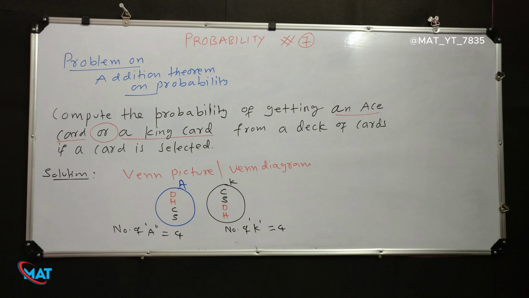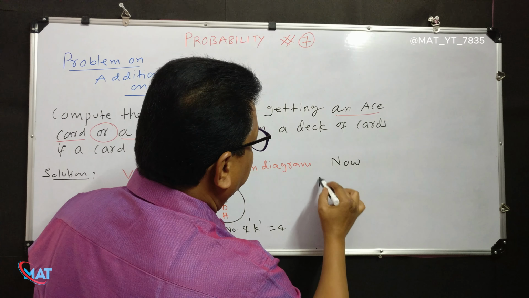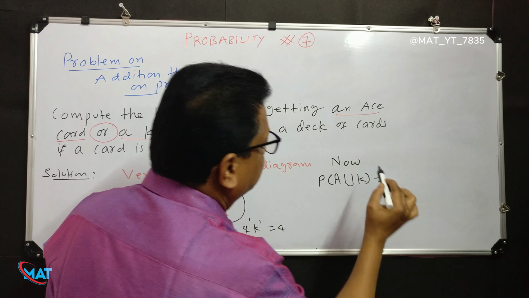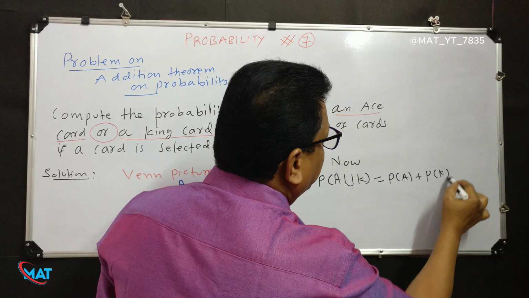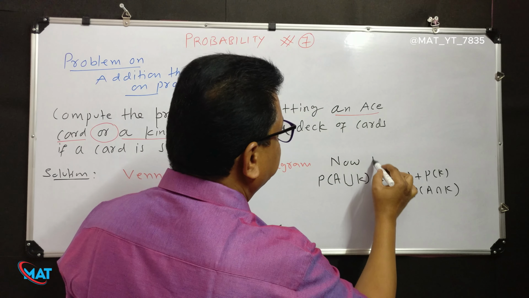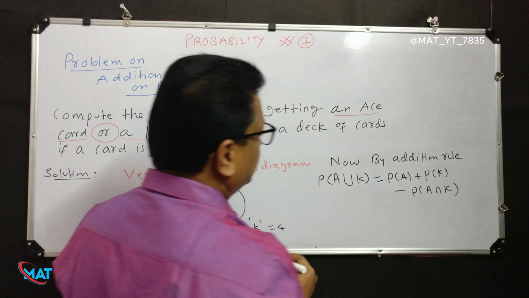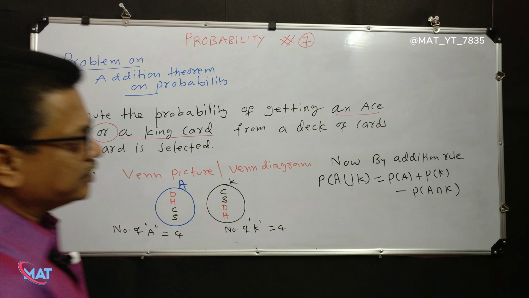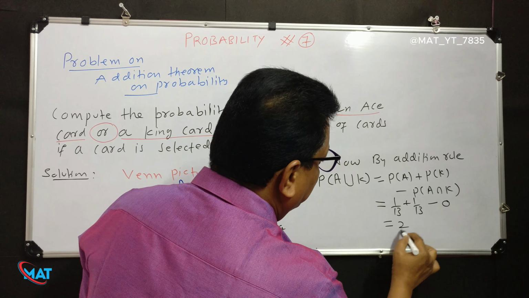We want to find the probability of A union K. As per the addition theorem, addition rule, probability of A union K is equal to probability of A plus probability of K minus probability of A intersection K. This is equal to 1 over 13 plus 1 over 13 minus 0. It is 2 over 13.